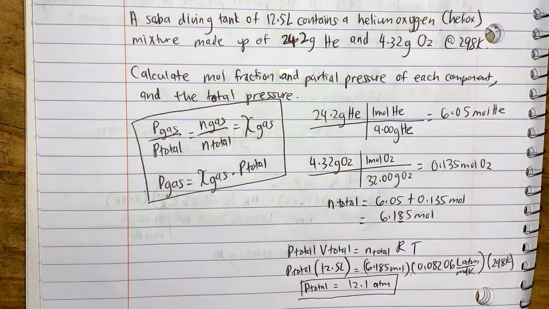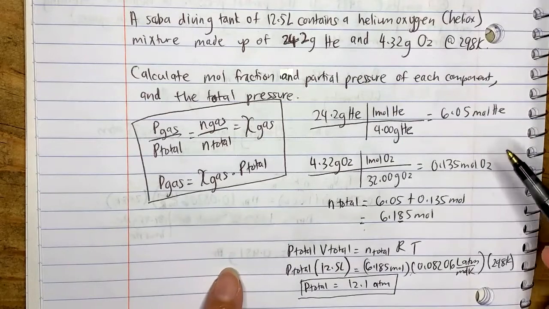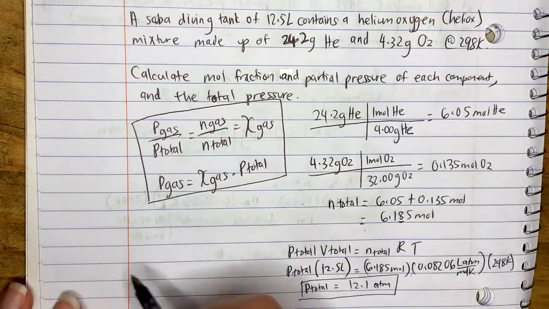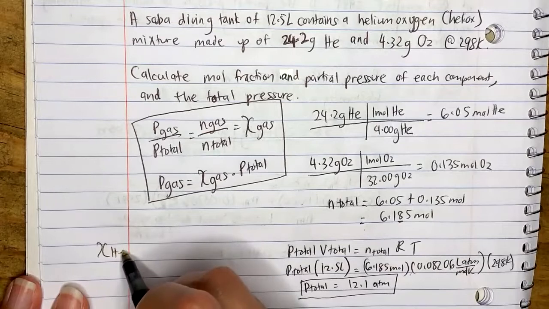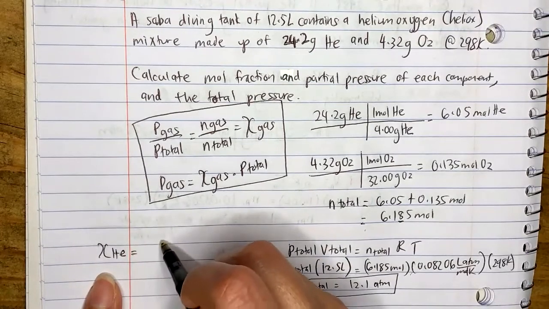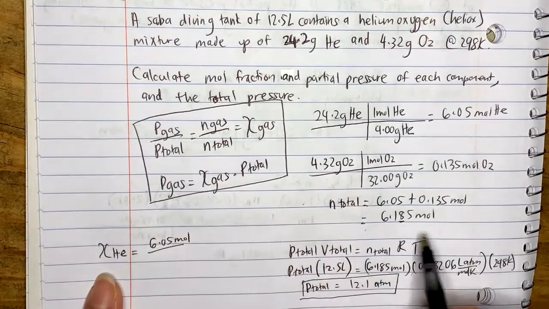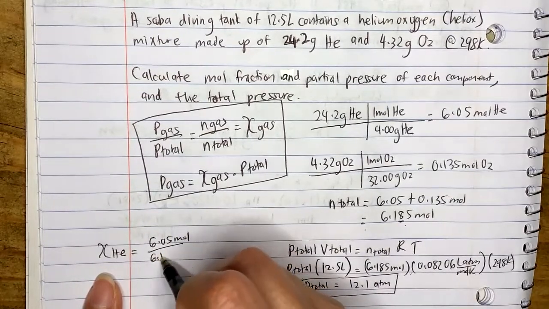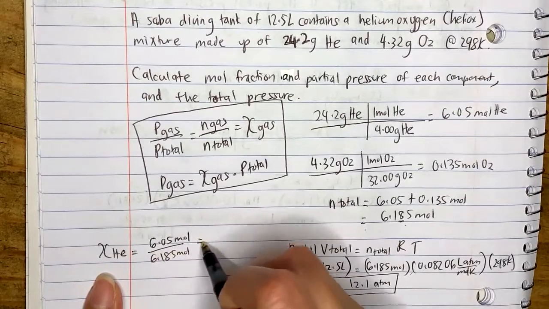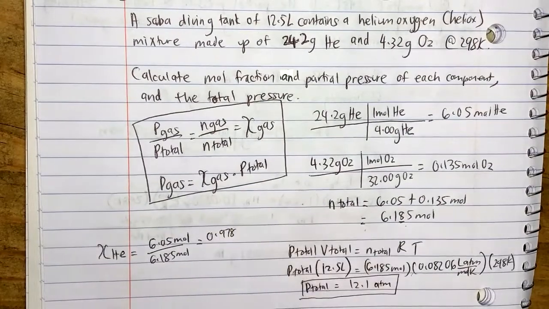Now that I've got the P total of 12.1, I can get the mole fractions. Let's do the mole fraction of helium first, and after that we can get pressure. It's 6.05 moles over the total, 6.185 moles. That's going to give me 0.978, okay?